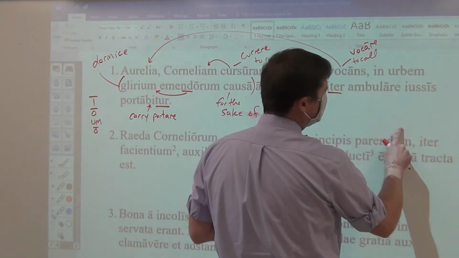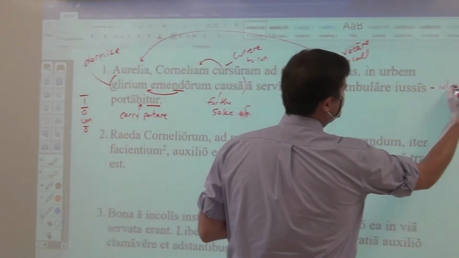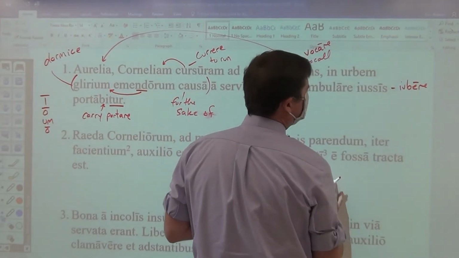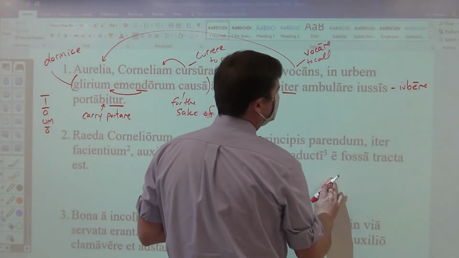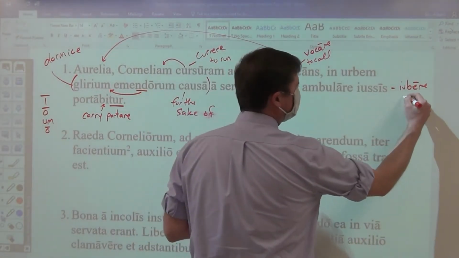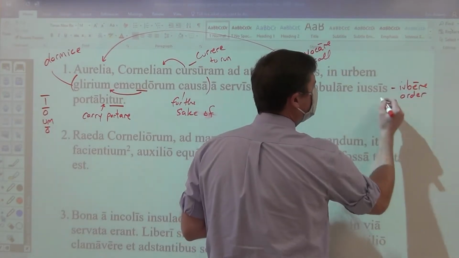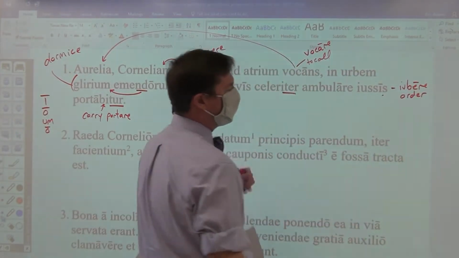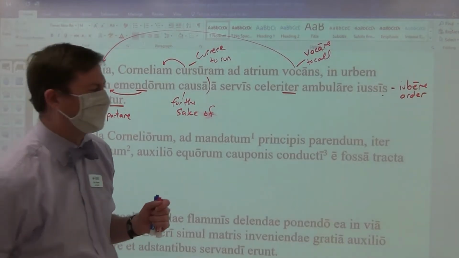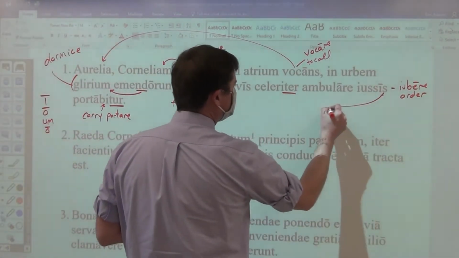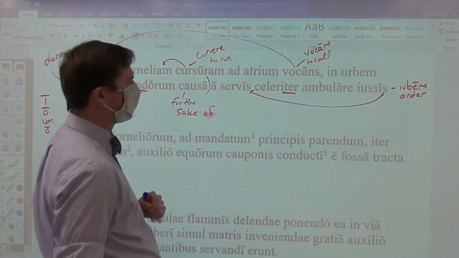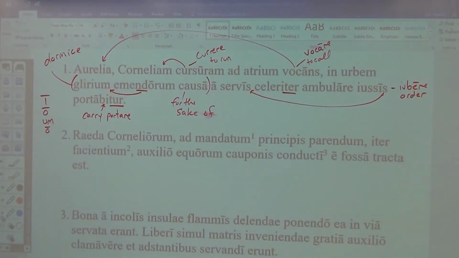And then, of course, iussis comes from the verb iubeo, iubere, iussi, iussus, and it is the verb that is going to mean to order. Here it is a perfect passive participle. Now remember, participles do one thing. They modify. And it is modifying servis. And so in this way, it tells us by what kind of slaves.